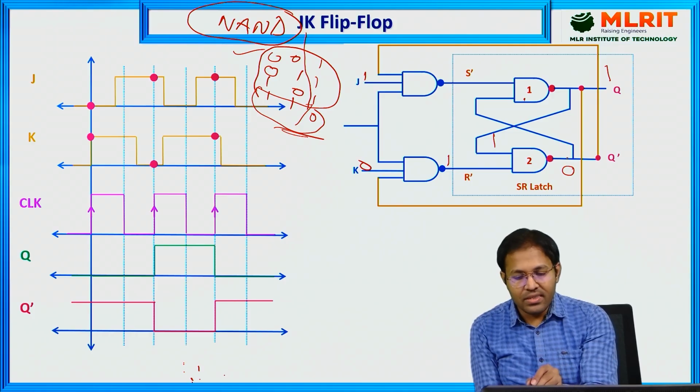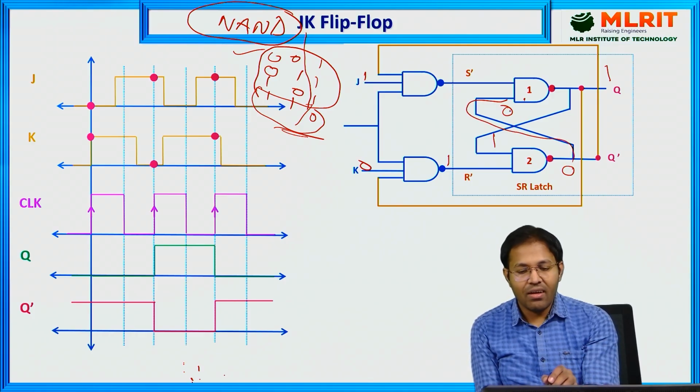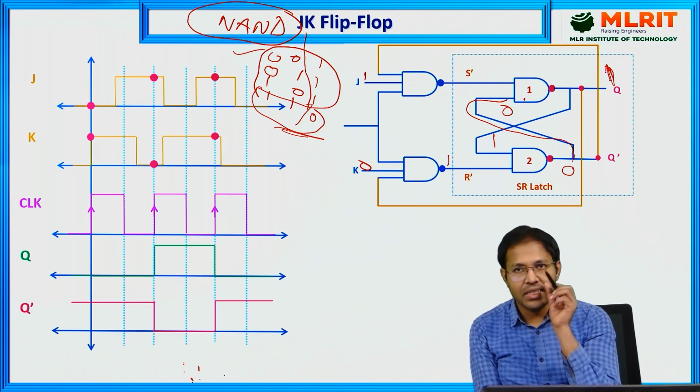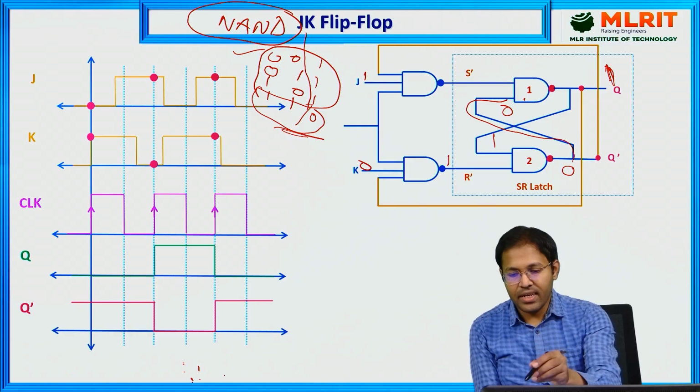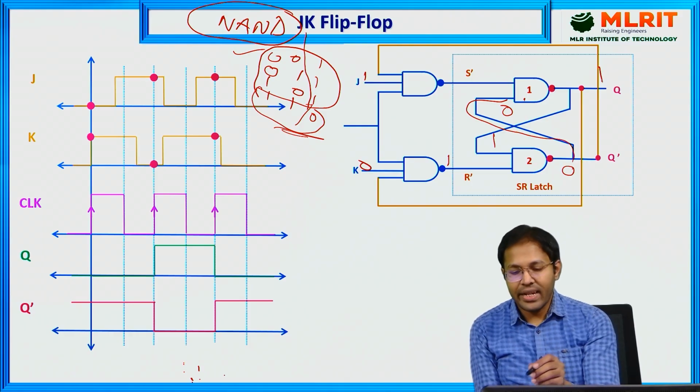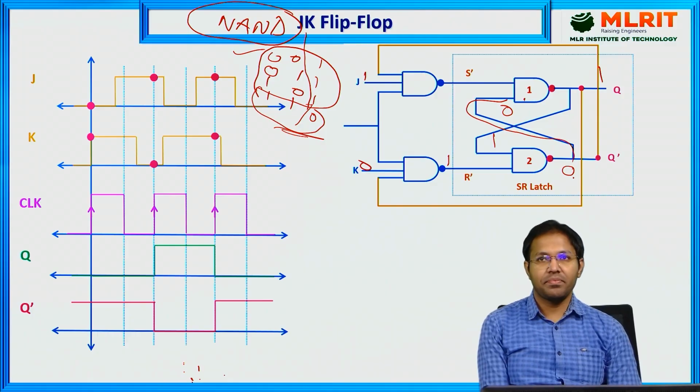Now this 0 reaches this point. So now we have 0, and so we have a 1 here. So 1 is a stable state. Here the output is simply 1, and then here 0 is maintained.